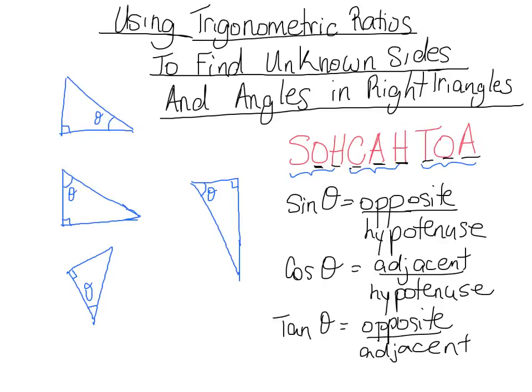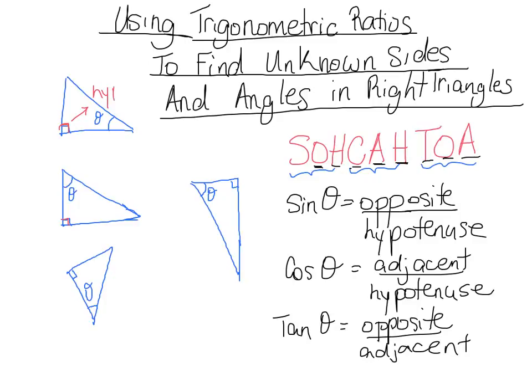But in order to use these effectively, you have to actually know what an opposite is, what a hypotenuse is, and what an adjacent is. Well, let's talk about the easiest one first. The hypotenuse is the longest side, and it's across from the right angle.